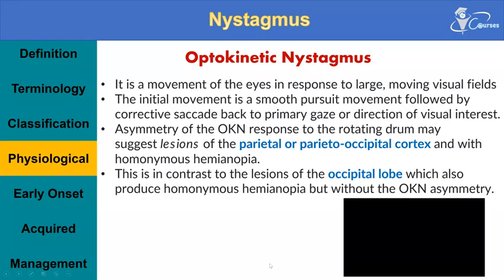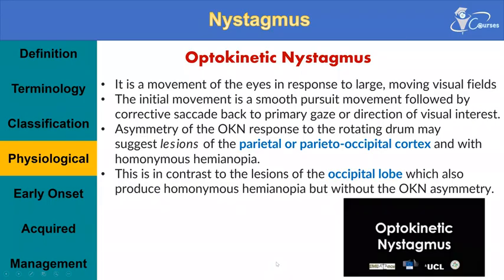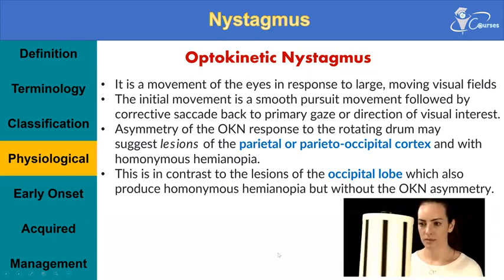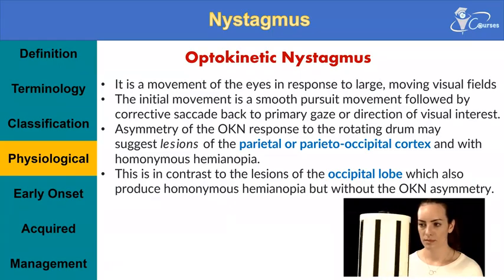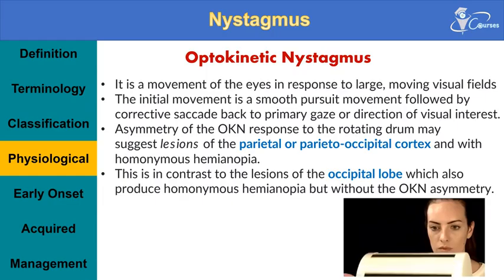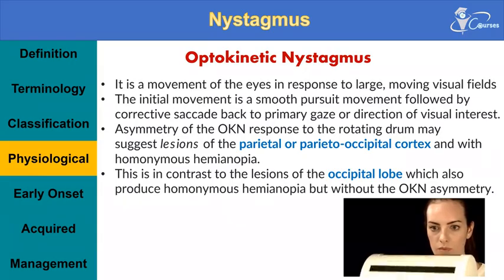So the eye has optokinetic nystagmus. This optokinetic nystagmus has a slow phase or pursuit movement with the direction of the drum, and there will be a rapid corrective phase against the direction of the drum toward the direction of primary gaze or direction of visual interest.